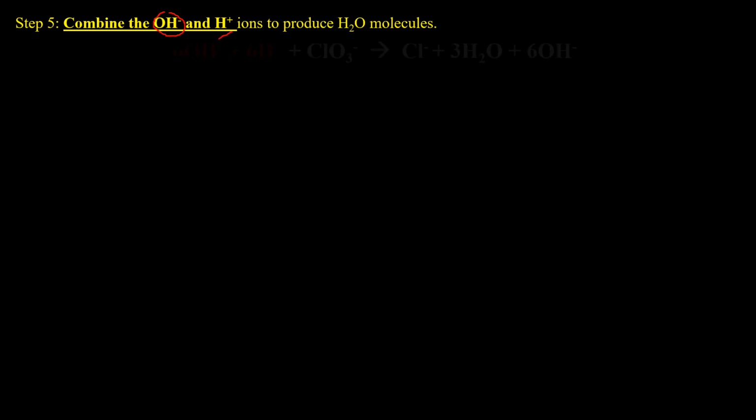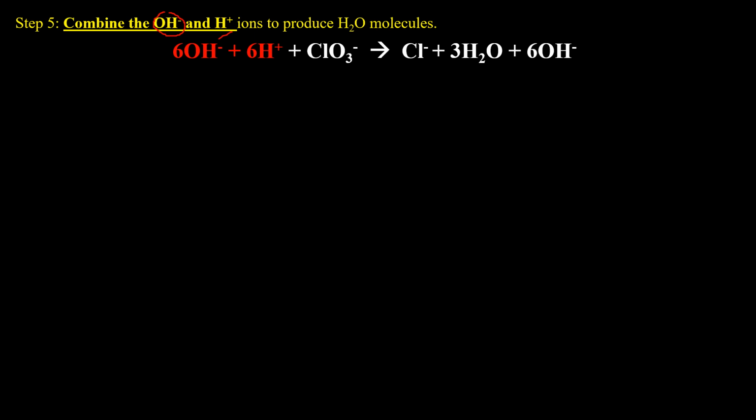Next, after adding OH ions on both sides, on step 5 we need to combine the OH negative and H positive ions to produce H2O molecules. That's already given: when you add OH negative and H positive, water will be produced. So here is the equation from a while back.